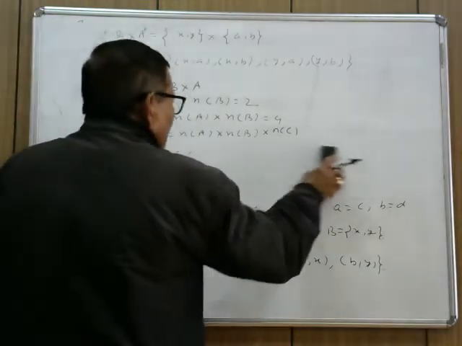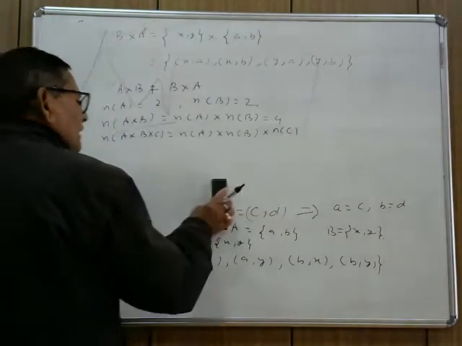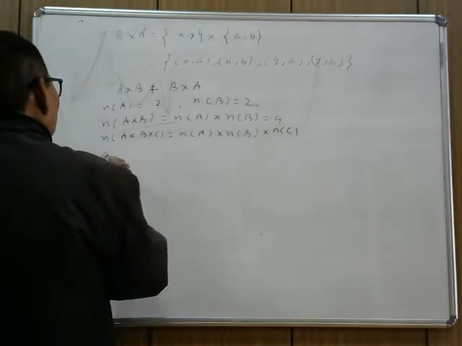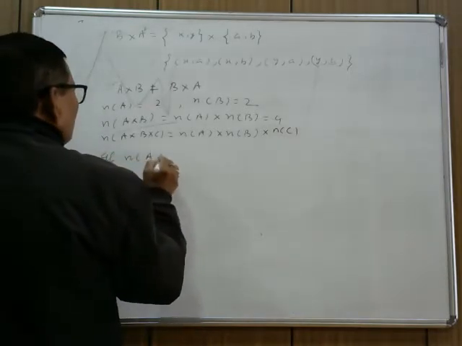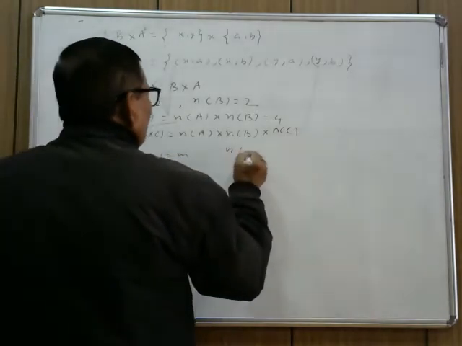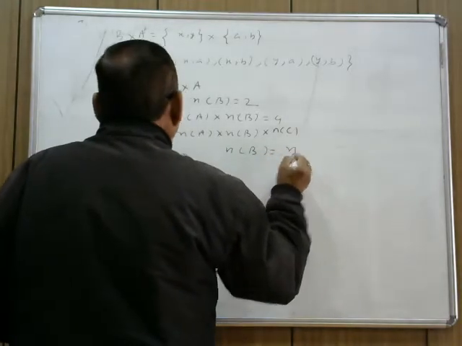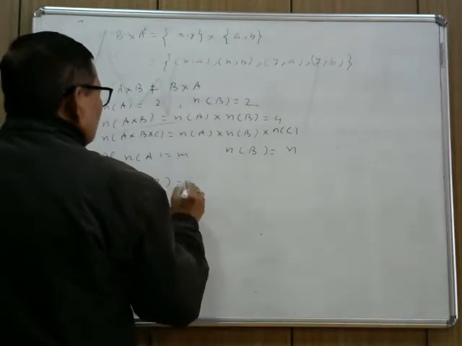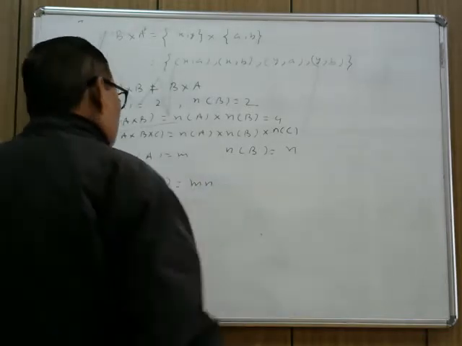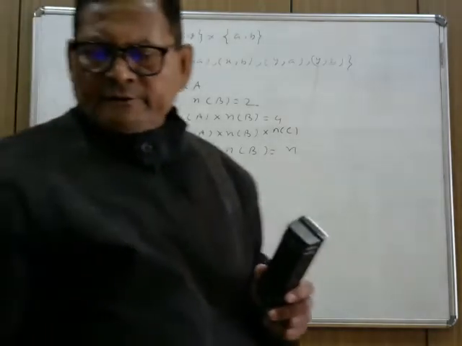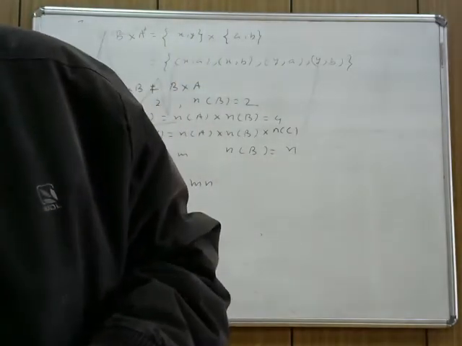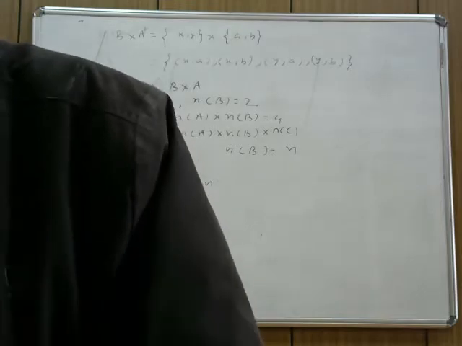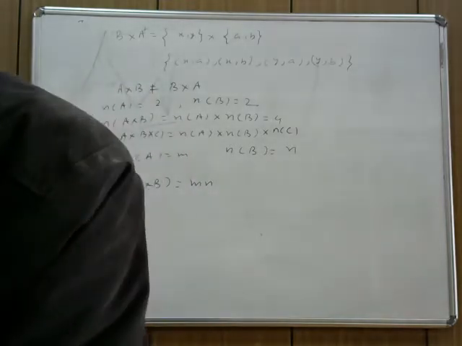If the number of elements in A equals m and the number of elements in B equals n, then the number of elements in A cross B equals mn, their product. You have seen that. So I have shown you the Cartesian product. Now you see a question. Find the values of a and b.